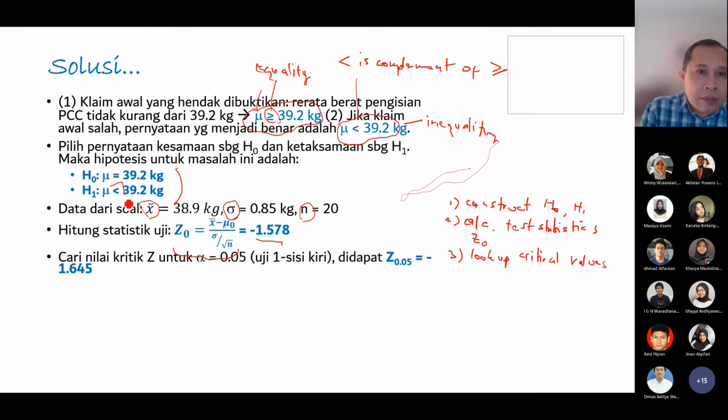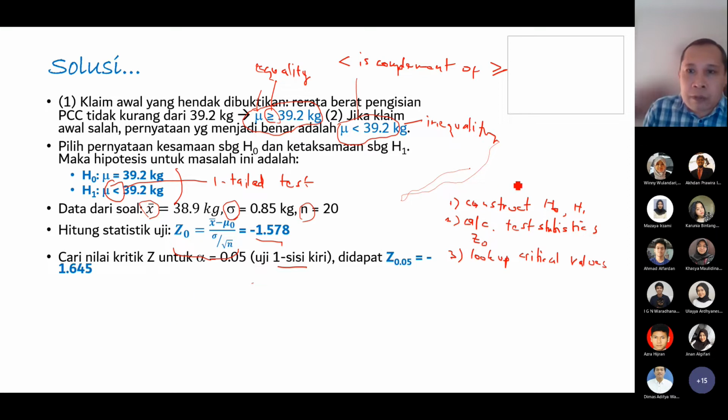So this tells us that this is a one-tailed, left-hand side test. So we obtain the critical z to be minus 1.645.